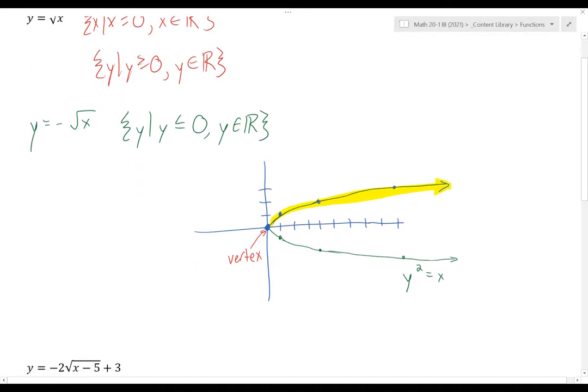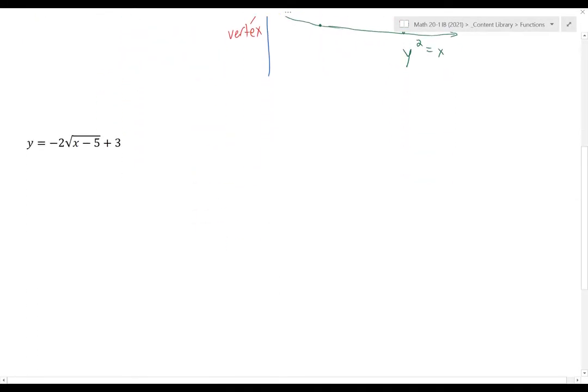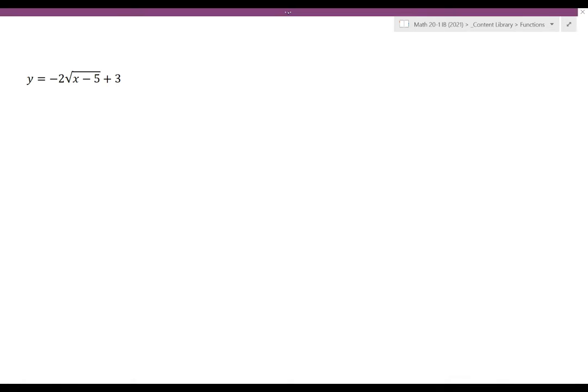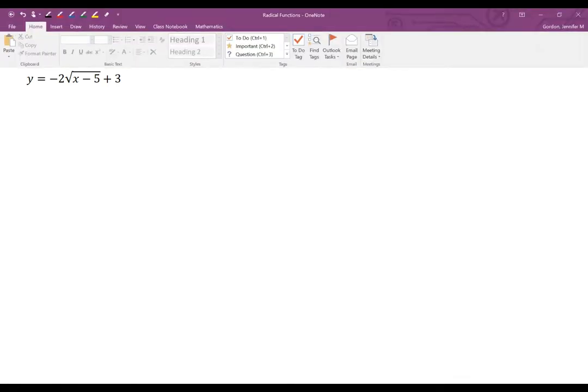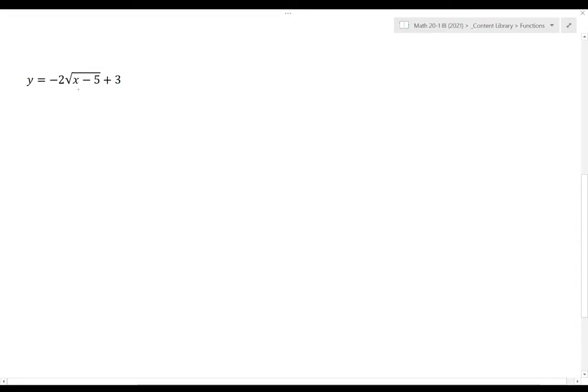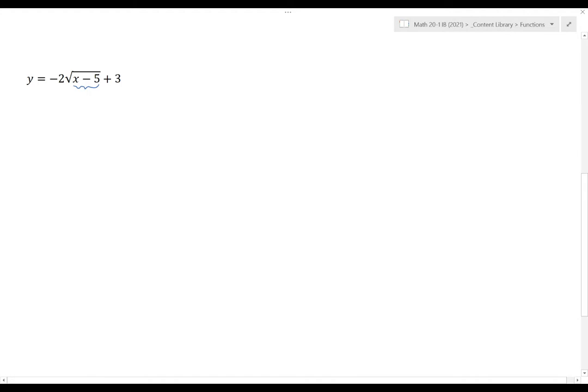All right, so now that we have that basic idea, let's look at something a little more complicated. And some of the concepts that we learned with quadratics, as far as transformations, will be applicable here as well. So if I think of this next one in terms of what I know about quadratics, I will have a vertex at the x value that makes the radicand, the thing that's inside the function, equal to 0.